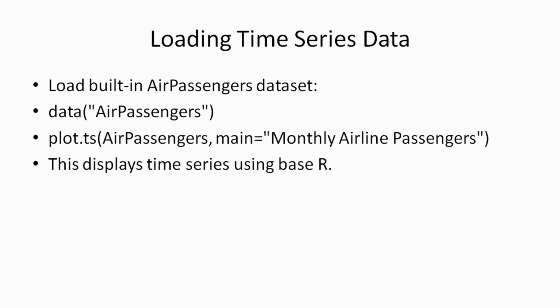Okay, now to visualize the data set, there is plot.ts, for a time series data set. In that you have to pass the data set, and main gives you the name of the graph that shows the monthly airline passengers, and this displays the time series using base R.